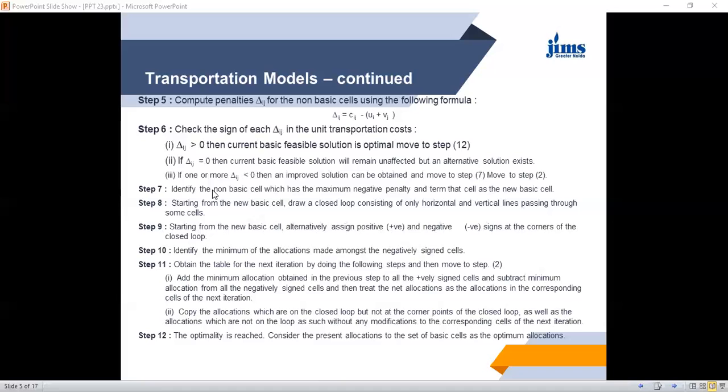Here, on the contrary, we only calculate the values of ui and vj, and wherever the value is most negative, we trace a closed path for that particular unoccupied cell only.